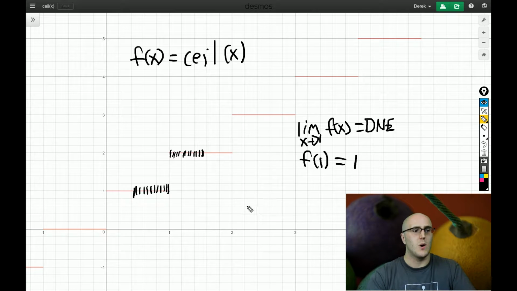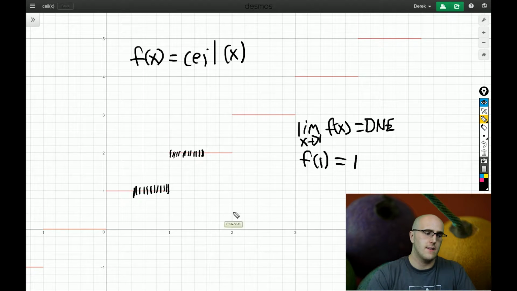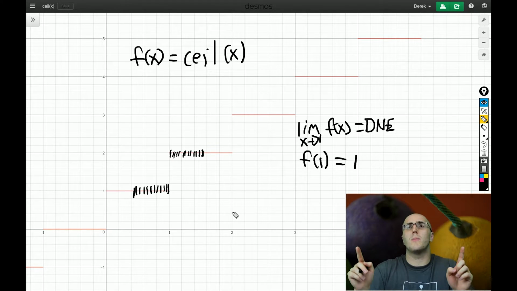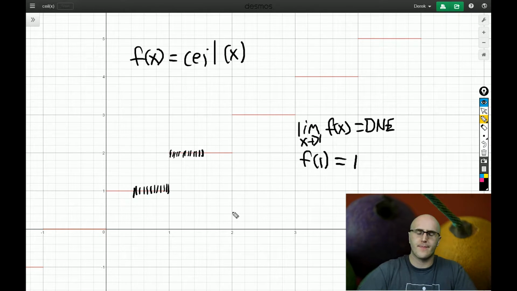And that leads us to our definition of the limit, and that's that a limit exists where from both sides any value you pick has another value which is closer to that. Let me just do this again.